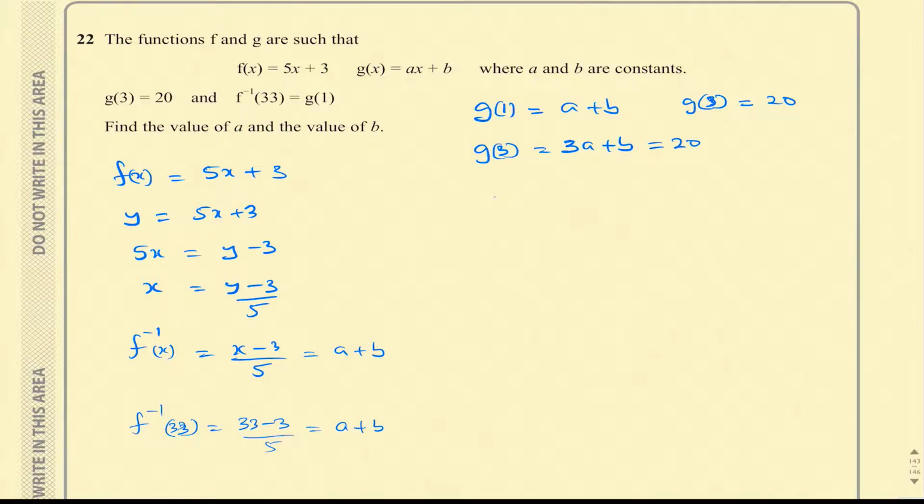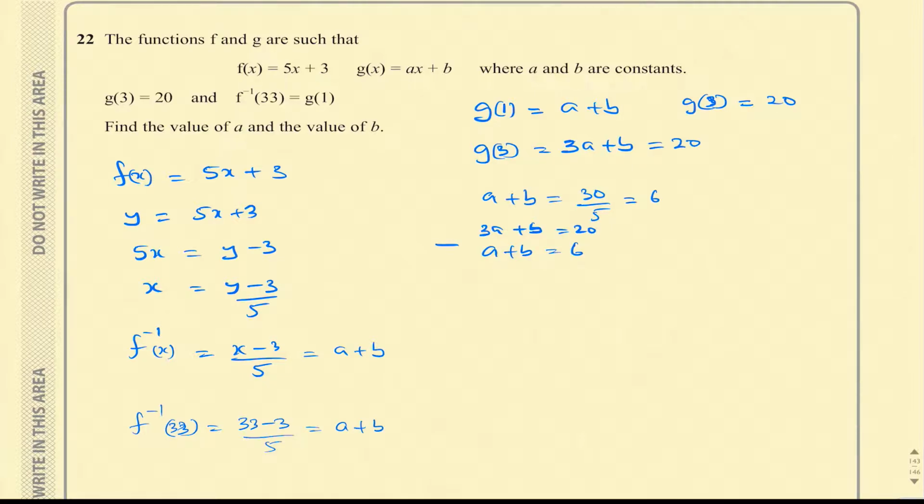And therefore, a plus b equals 30 over 5, which is 6. So a plus b equals 6. And I also have 3a plus b equals 20.